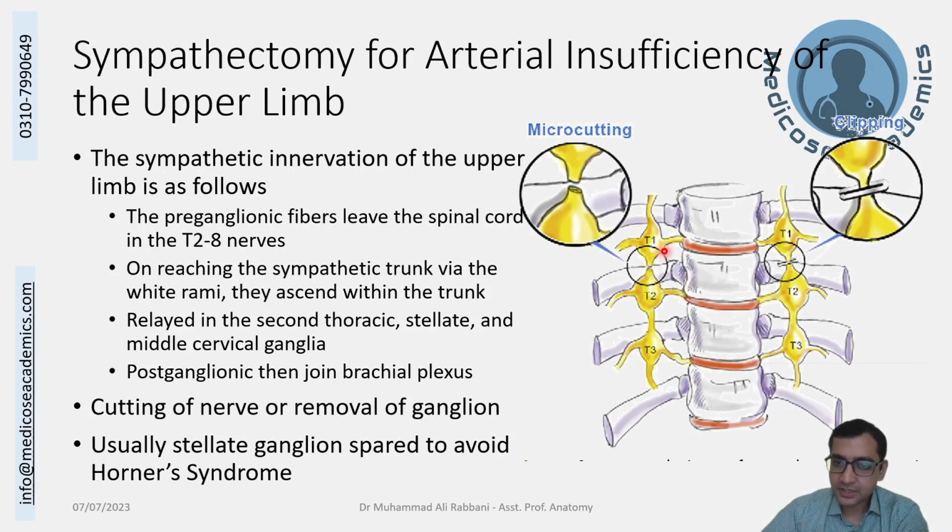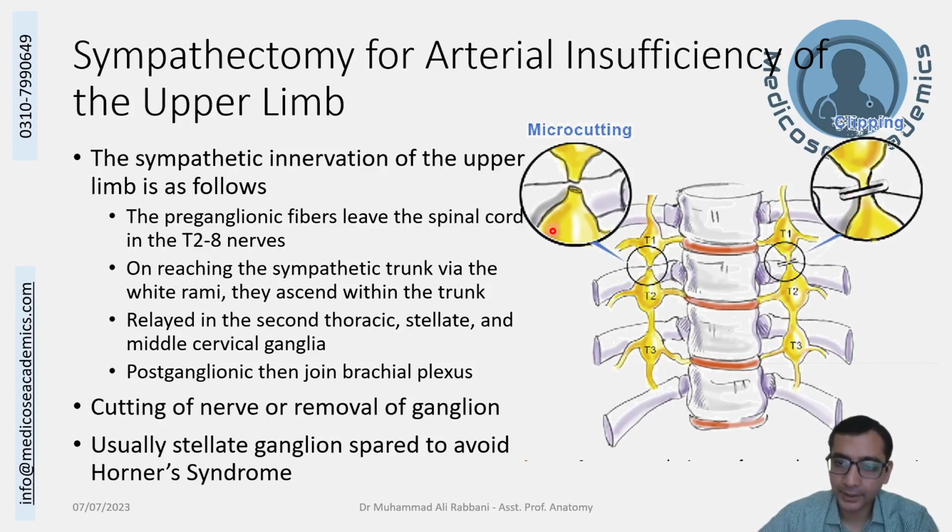So what to do? If we just damage the sympathetic chain, we are at the verge of creating Horner syndrome. So we can't simply break the sympathetic chain. What we do is break the connection between T1 and T2. So even if the outflow tract reaches the sympathetic chain right here, it climbs up and is interrupted right here, maybe by cutting, maybe by clipping, and it does not go up.